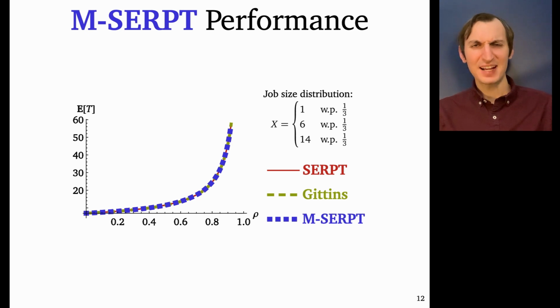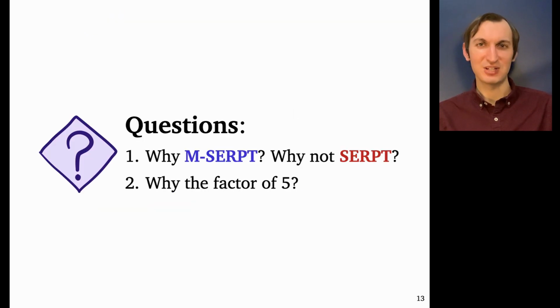And this actually prompts a couple of questions. It looks like SERPT and M-SERPT are both doing really great, really close to Gittins. And admittedly, this is just one example, but we've actually tested lots of examples, and we found that M-SERPT and SERPT are consistently pretty close to Gittins. And so the questions this raises are, well, why did we have to invent M-SERPT?